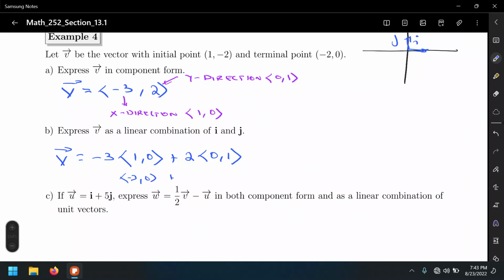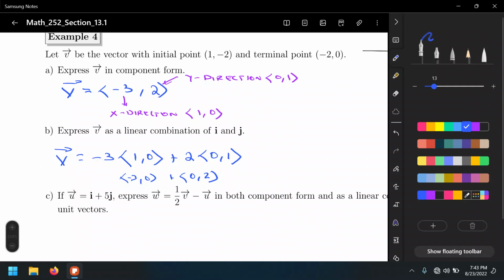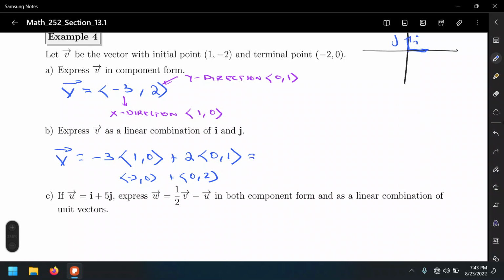And 2 times 0 is 0, 2 times 1 is 2. And then combine these together, don't we get back the original vector? But in this case, we are expanding the vector into a linear combination of these two new vectors. And instead of using 1, 0 and 0, 1, we're going to use the new notation, the i and j notation: -3i plus 2j.